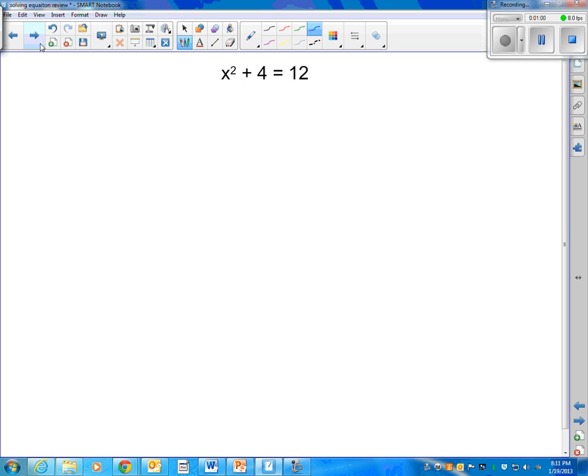Okay, moving on. We're going to make it x squared plus 4 equals 12. There's still just one variable, x squared. It's a degree of 2, so I expect 2 answers. I have the single variable, so I can still isolate the variable.